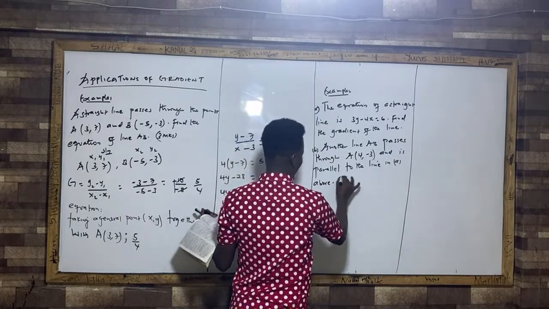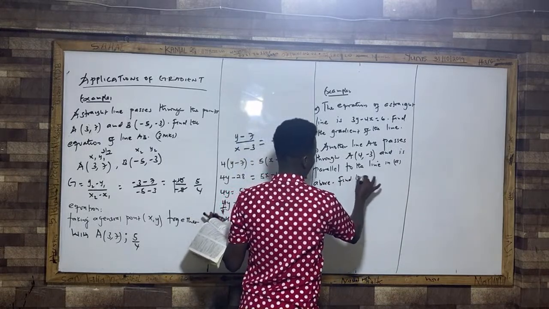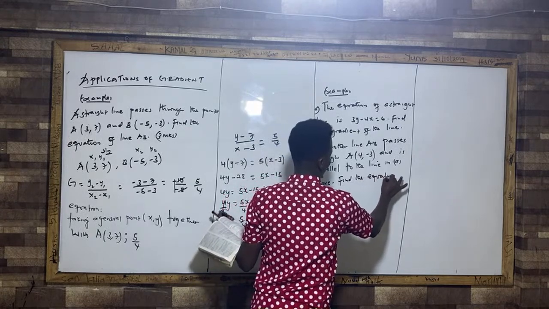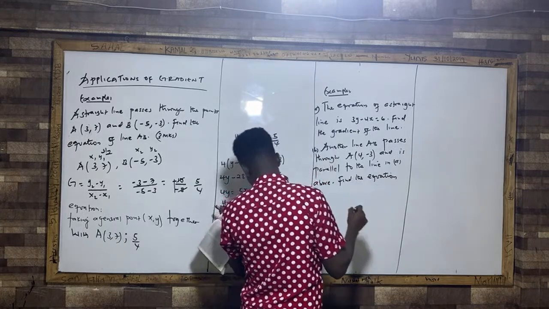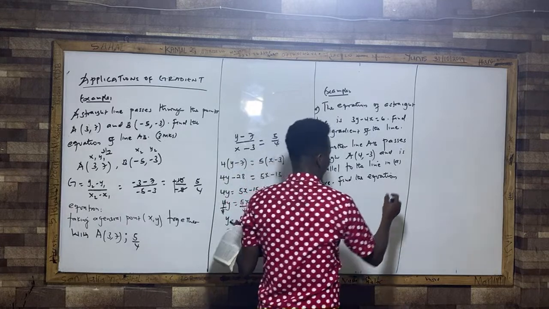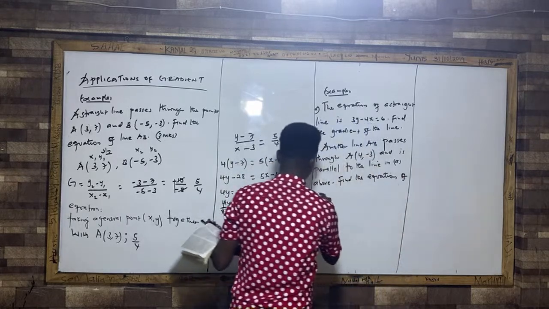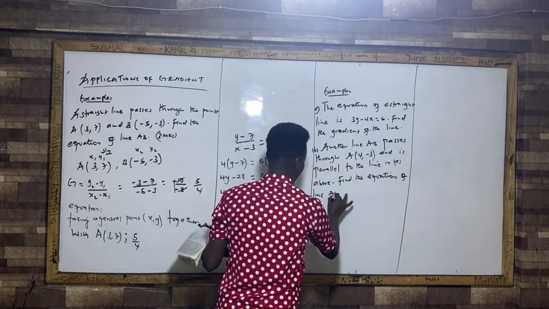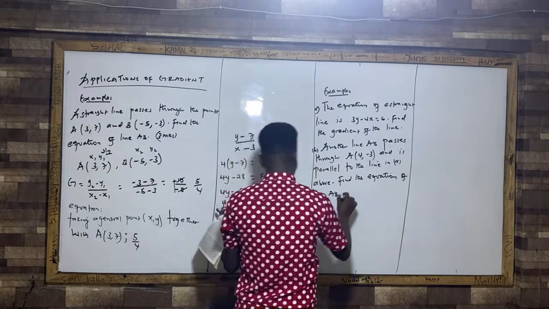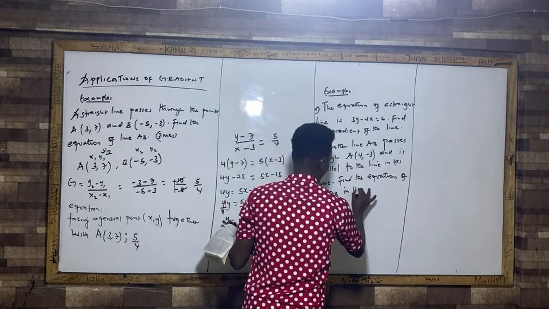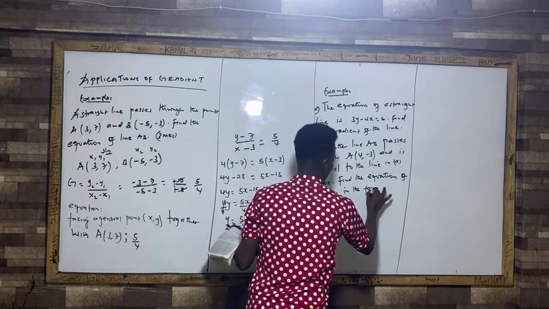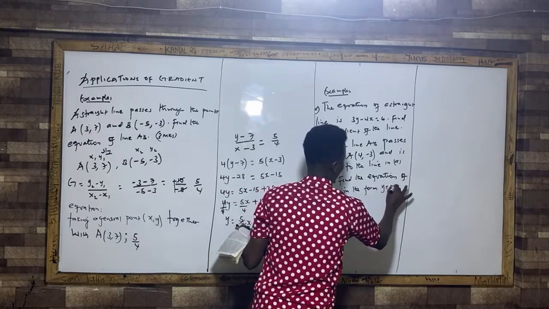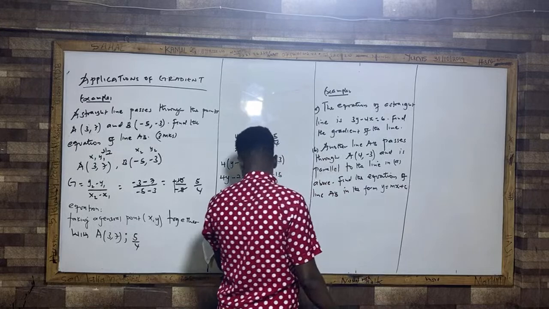You are told to find the equation of line AB in the form y is equal to mx plus c.